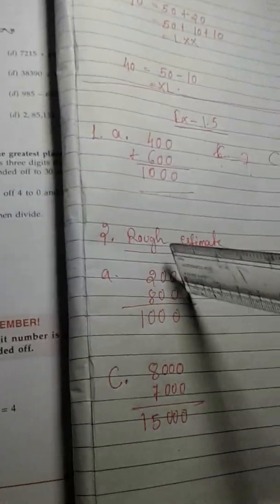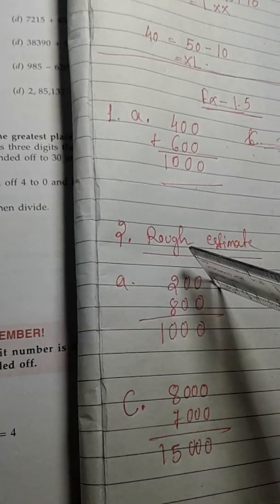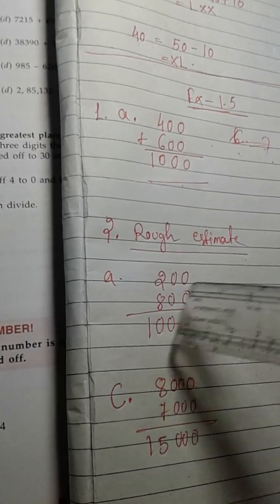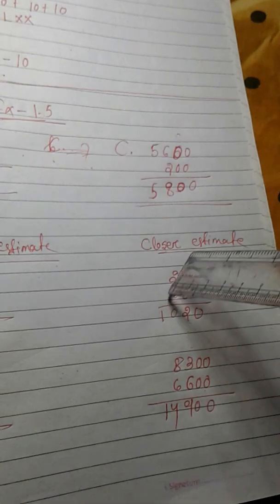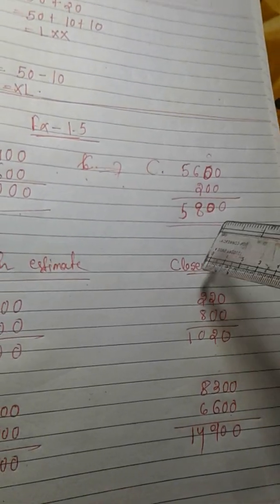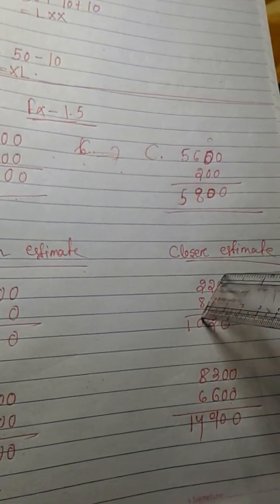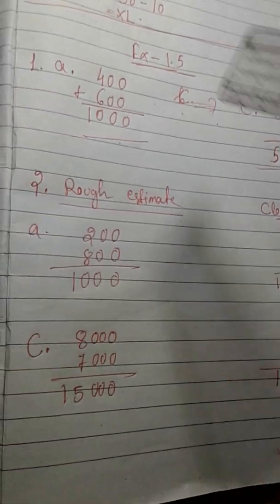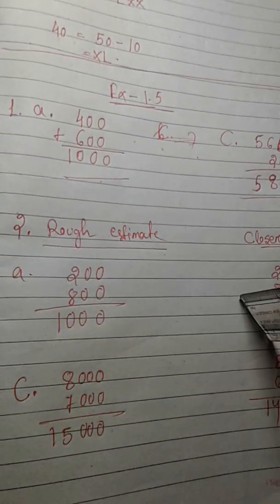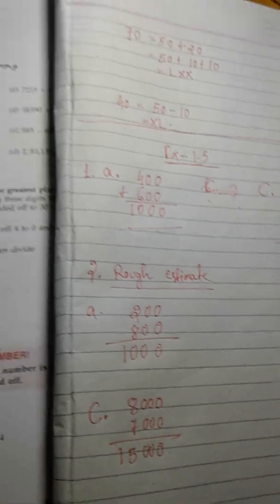Like this you write. Rough estimate is 200 and 800. Then you add. Then the closer estimate is, children, 220, then 600. Then you add. Okay, like this you add. This is the rough estimate. This is the closer estimate.